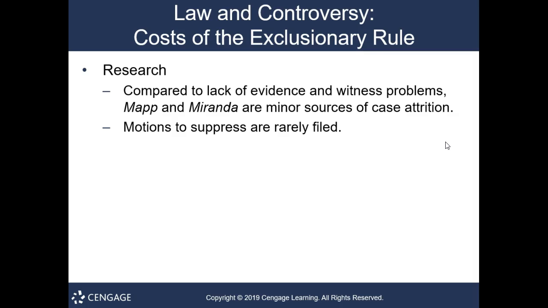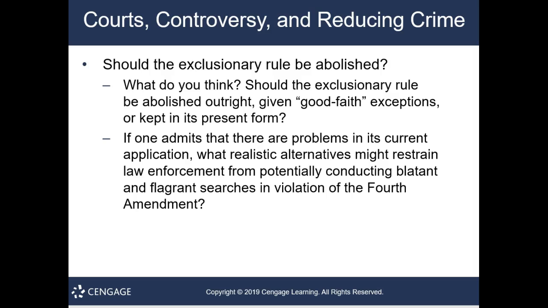And so motions to suppress tend to be rarely filed in most cases unless they're drug cases. Because drug cases tend to be search warrant oriented, with lots of search and seizure issues, it's ripe to try them, and so they try them much more often there. But otherwise, if you take every single criminal case, it is rare. And why? Because the police are doing a pretty good job for the most part, and so there aren't any issues to be litigated.